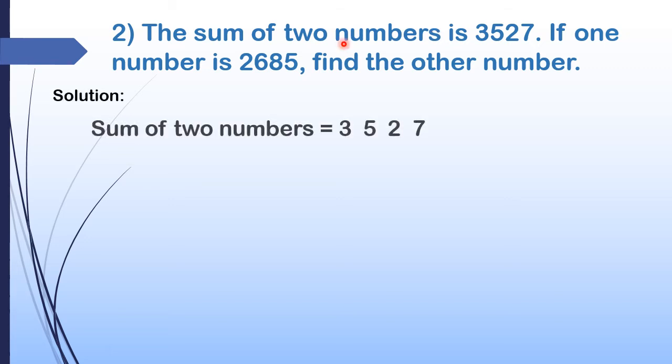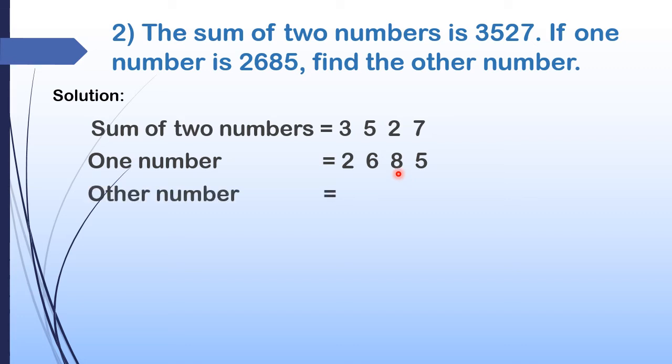Then you can get the other number. So solution. The sum of two numbers is equal to 3527. Then the one number, what is the one number? 2685. So to find out the other number, we have to subtract the given number from the sum.